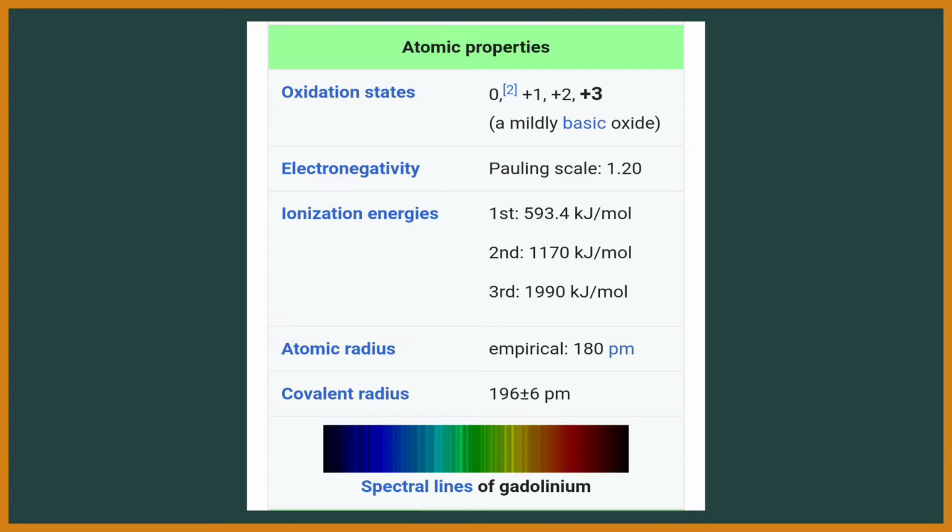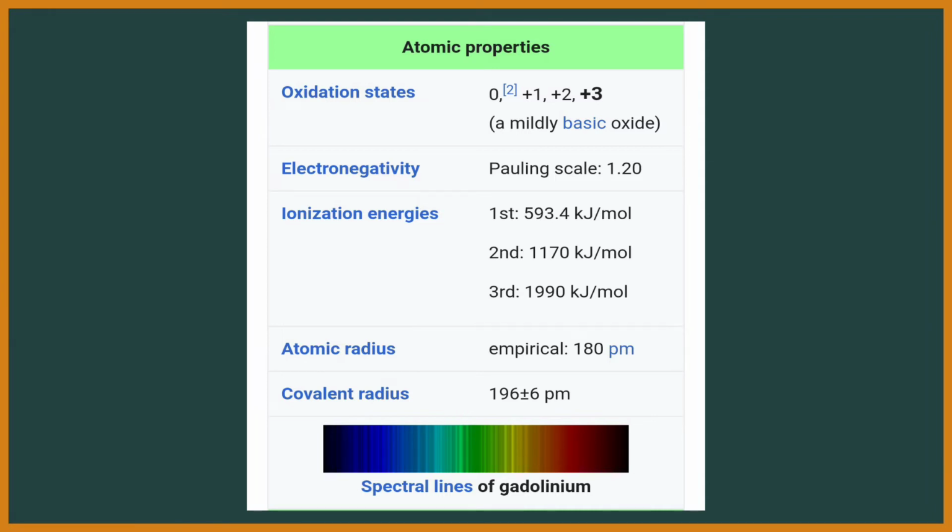Ionization energies, first is 593.4 kJ per mol, second is 1170 kJ per mol, and then third is 1990 kJ per mol. Its atomic radius empirical 180 pm, and its covalent radius is 196 plus or minus 6 pm. And below you can see the spectral lines of gadolinium.